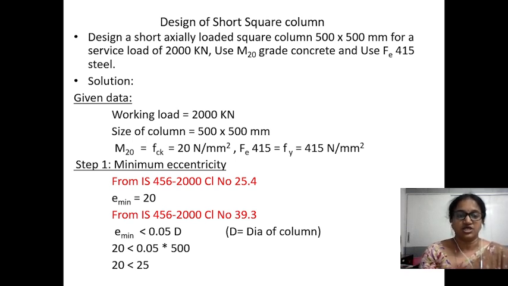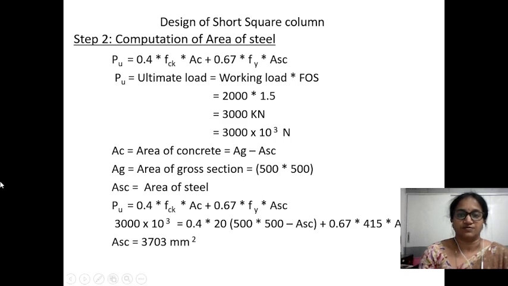Consider e minimum as 20 from the above step, and 0.05 into D, the dimension of the column. Here it is a square column, so we can take any one, 500 by 500, so we take 500. We got 25, which is greater than e minimum of 20. Hence it is sufficient. Now, coming to step 2.